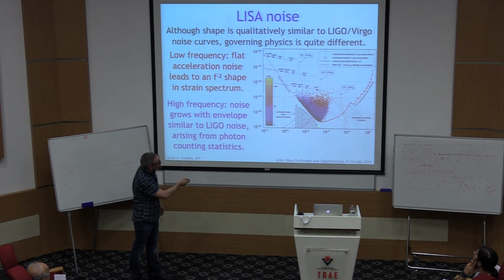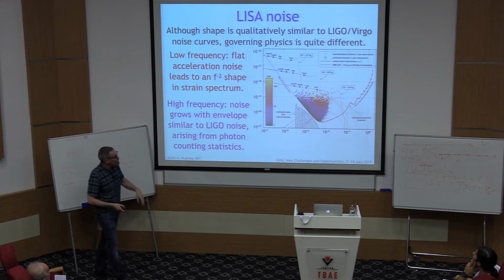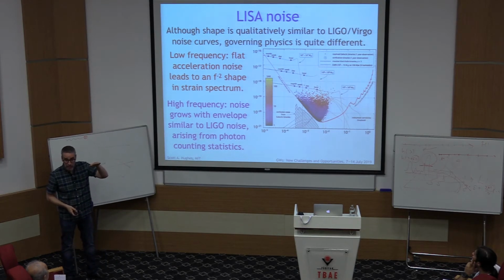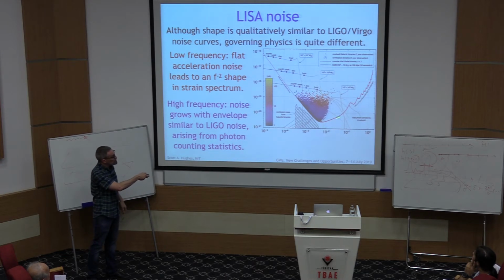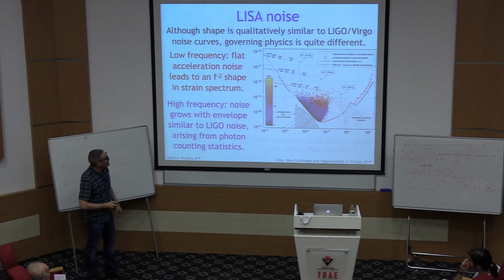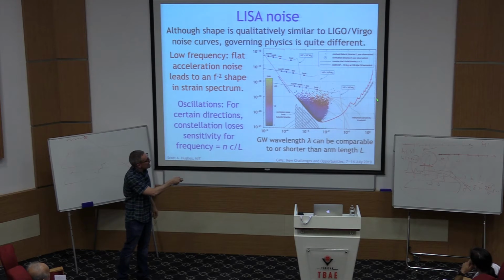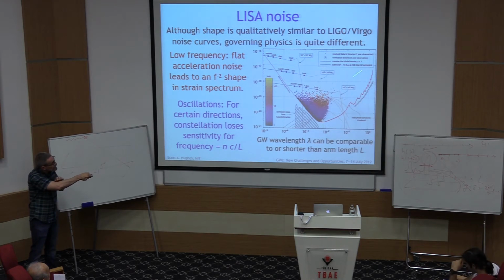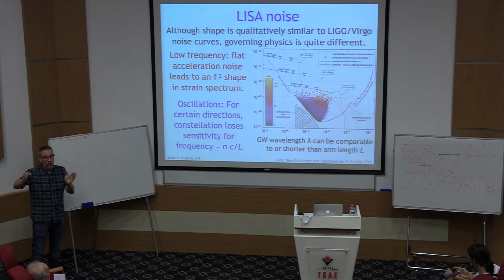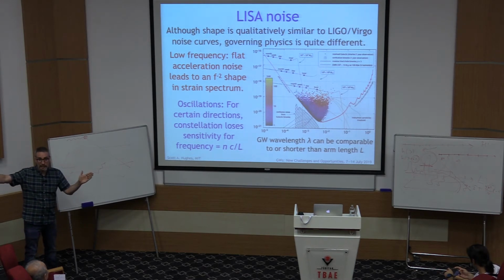At high frequency, you start out with that same sort of shot noise slope that we saw with LIGO. This is just measuring fewer photons as you go to higher and higher frequency. But you'll notice there are some oscillations that happen here. The oscillations come about because in this regime, we are no longer in the regime where the arm length is smaller than the gravitational wavelength.